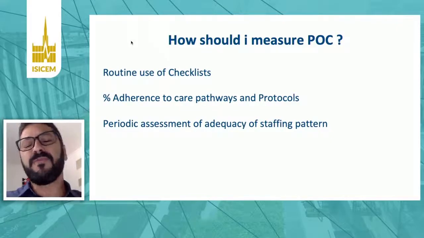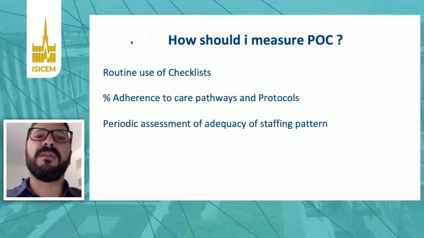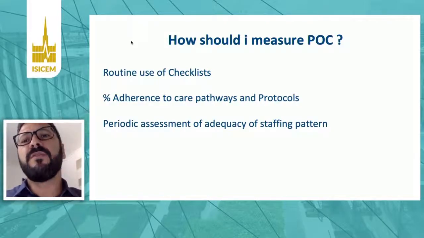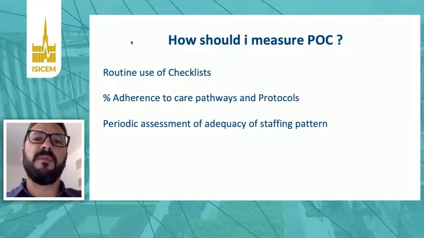Finally, as we know that the efficiency of implementation of checklists and protocols is related to staffing patterns, periodic assessment of the adequacy of staffing pattern to the complexity and profile of your intensive care unit should be measured and associated with the first items that I mentioned.